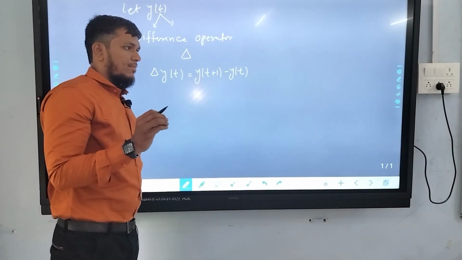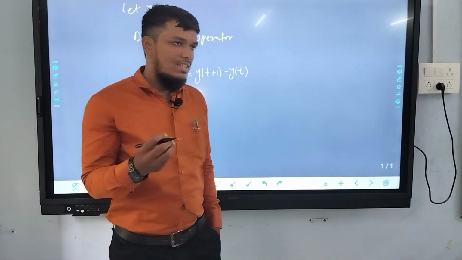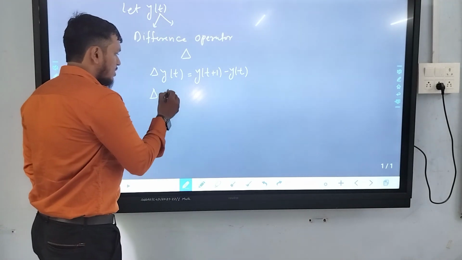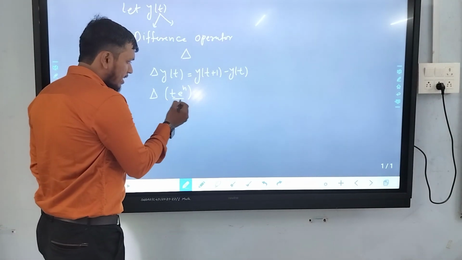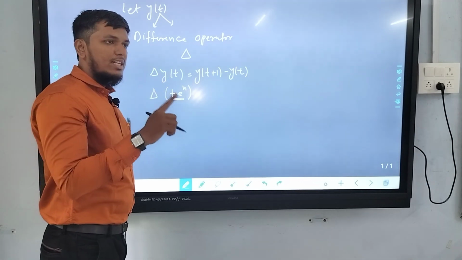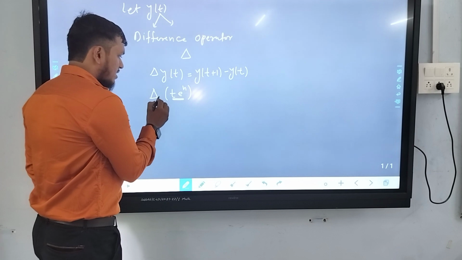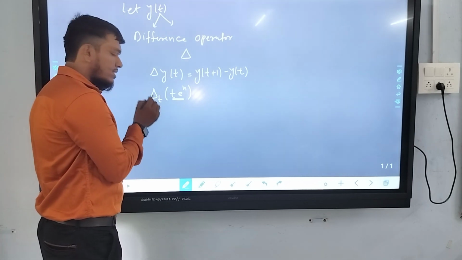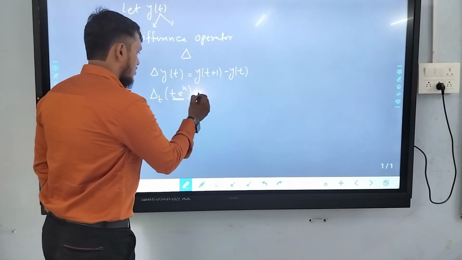Suppose we have a function of two or more variables. If you take t e raised to the power n, it is a function of two variables t and n. If we write t in the base of the difference operator, that means the difference operator operates on t.